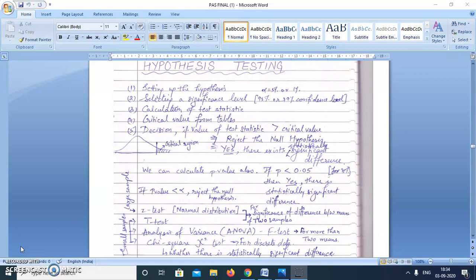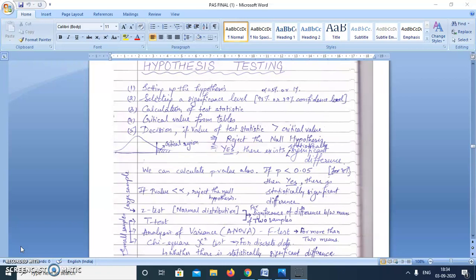So we'll use some sort of formula which will be different in case of t-test, in case of chi-square, and in case of ANOVA. But in all the three cases of hypothesis testing, we will be calculating some value and we'll be comparing that value with the table value. Now the table value will also be different.